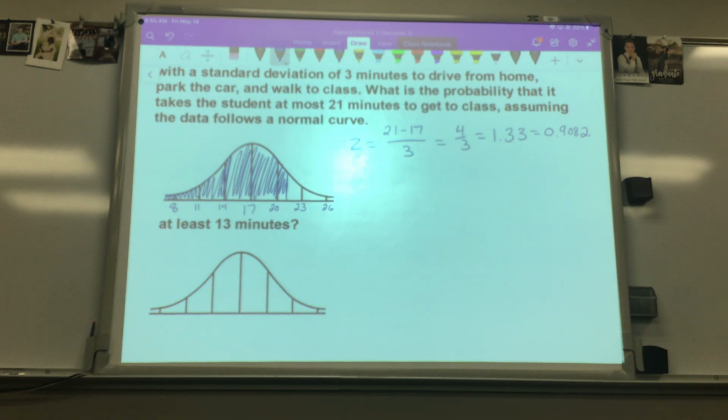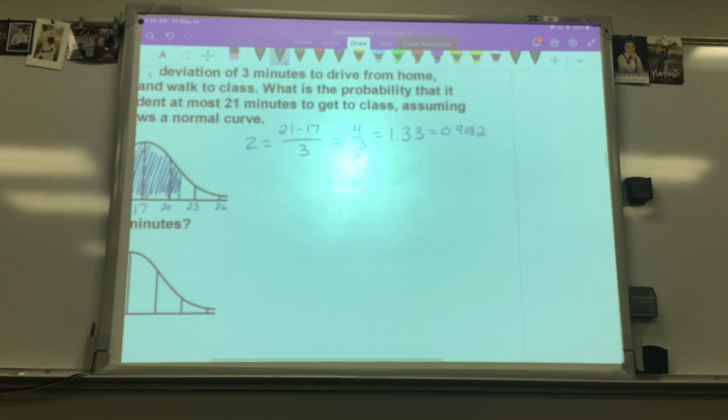No. That z-score gives us that area already. We're going to get to ones where we want to the right of it. That's our next one here. But if we're looking for that area to the left of it, that table is going to give us what we need. So the probability that it takes a student at most 21 minutes is 0.9082 or 90.82%.